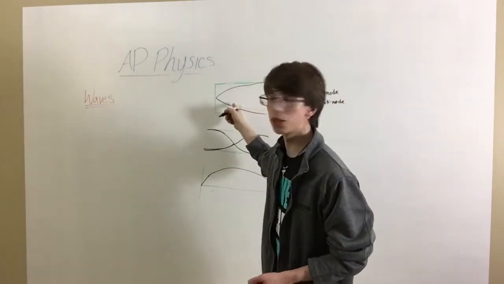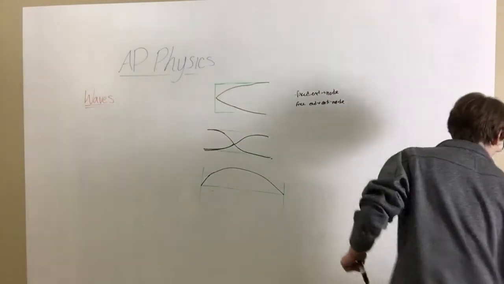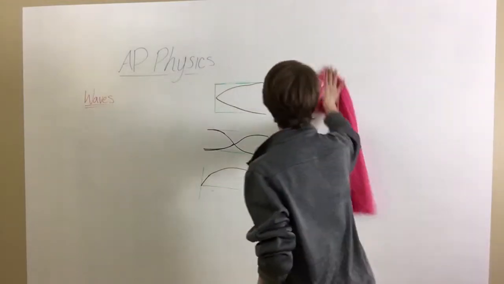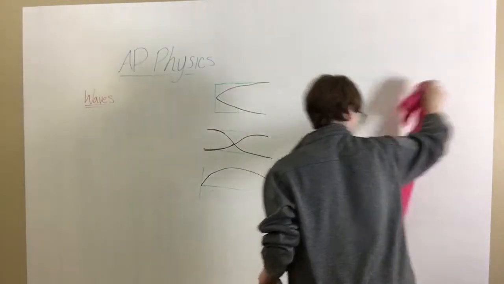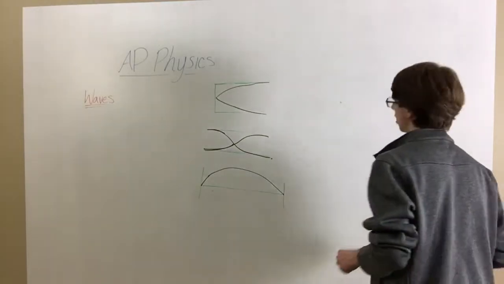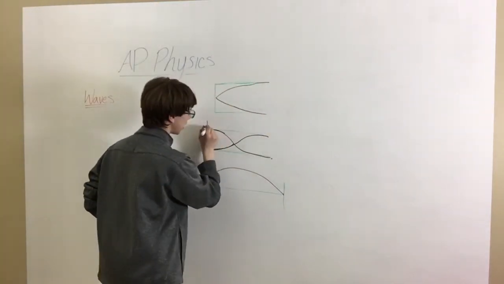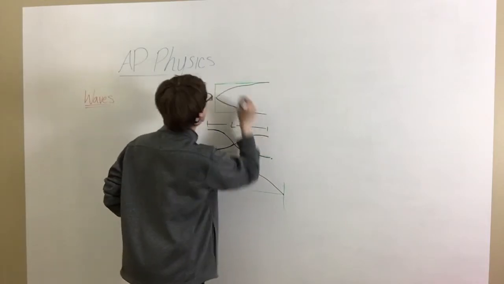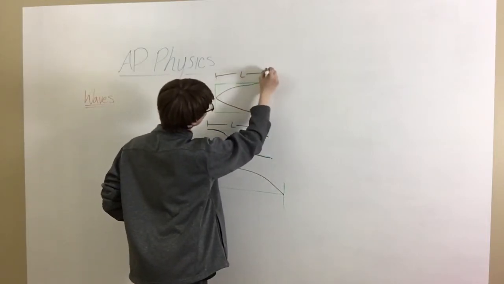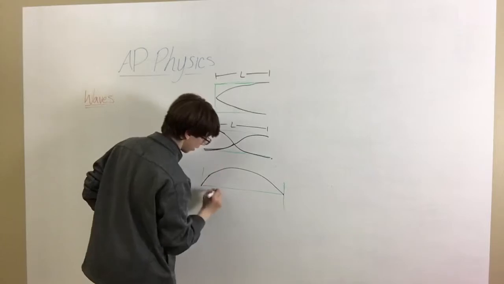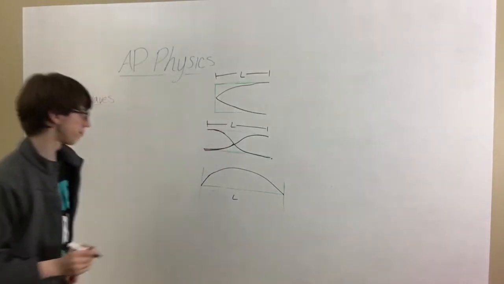Now this one is special because it doesn't really behave the same way as the others, and I'll get to that right now. So, how do we represent the wavelength for this? Say this has a length of L, and this has the same length, L, and this has some length, L, okay?